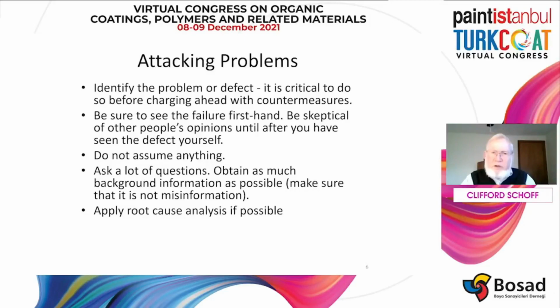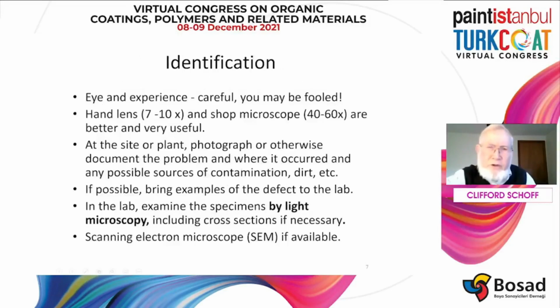Ask a lot of questions and obtain as much background information as you can get, but the difficulty is sometimes you get misinformation. And then apply root cause analysis if possible, and I'll talk about root cause analysis in a moment.